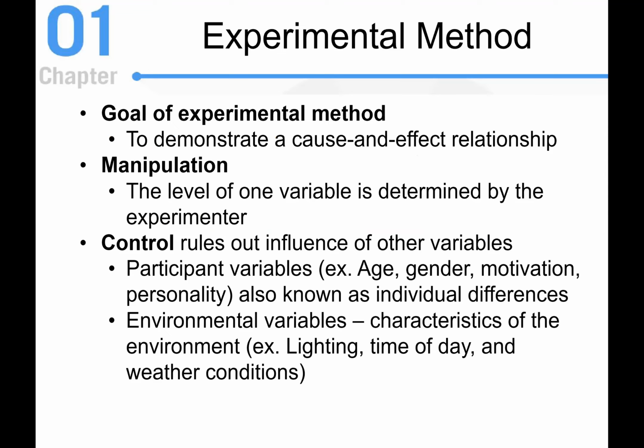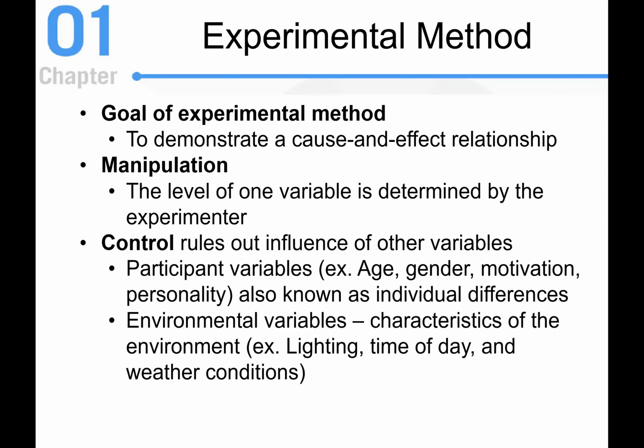Let's talk about the experimental method. The goal of an experimental method is to demonstrate a cause and effect relationship, unlike the correlational method. One hallmark of an experimental method is what's called manipulation. The level of one variable is determined by the experimenter.